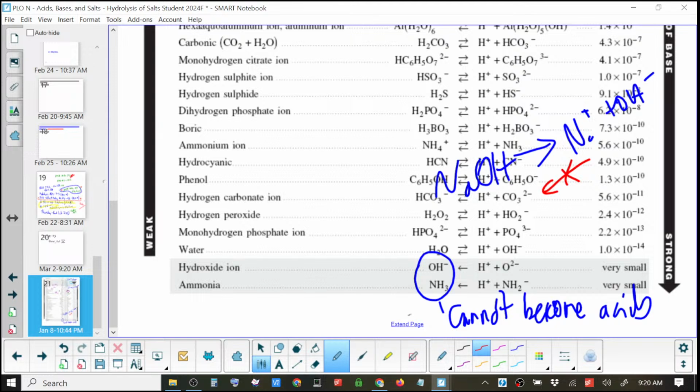The only thing that possibly could happen, because this is accepting, if it went this way, it'd be acting as an acid. It'd be sopping up hydroxide in some sort of reaction. It can't act as an acid because that would be the opposite reaction. Now, it would be possible maybe for it to act as a base. And I'll also show you an exception later because the +3 metals can do it through a completely different mechanism.